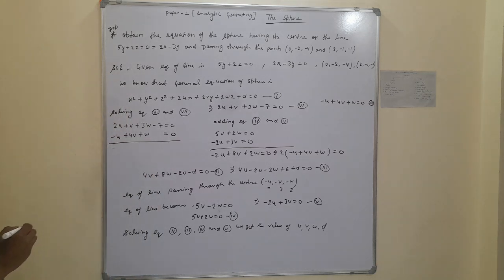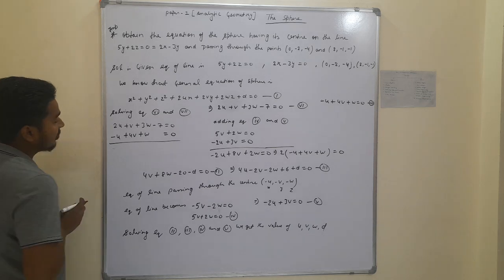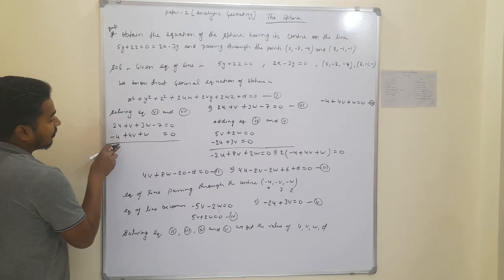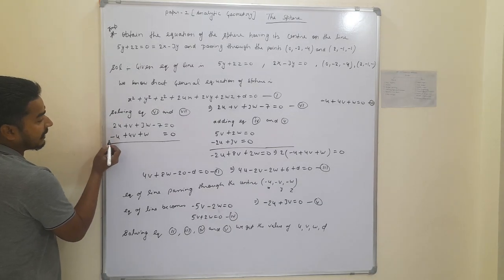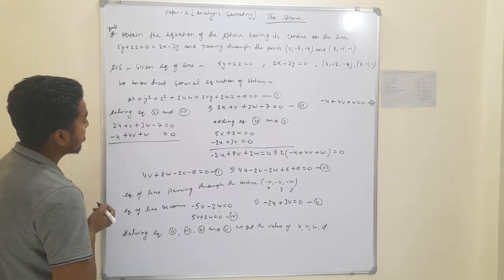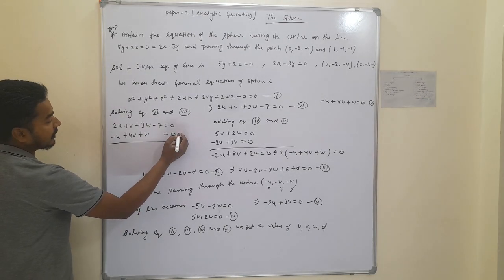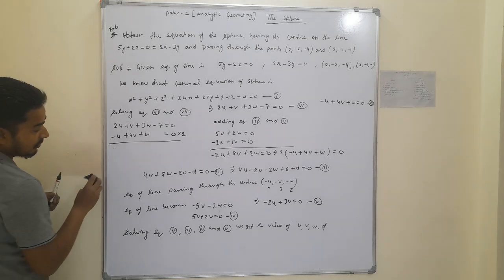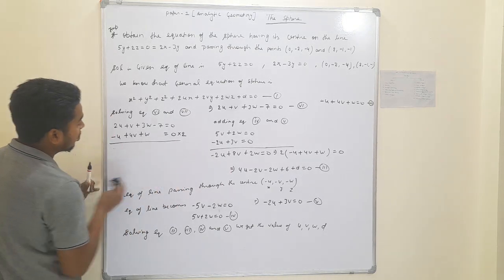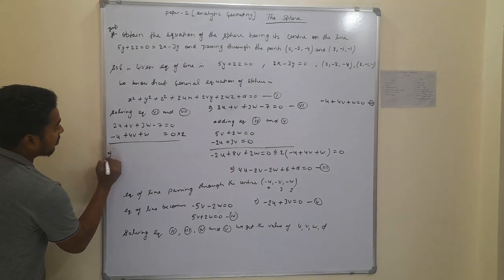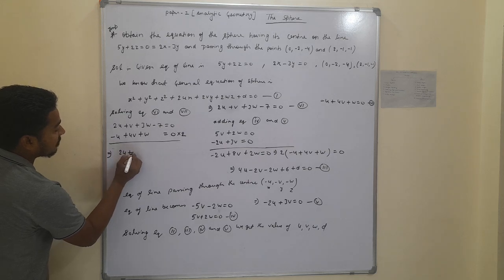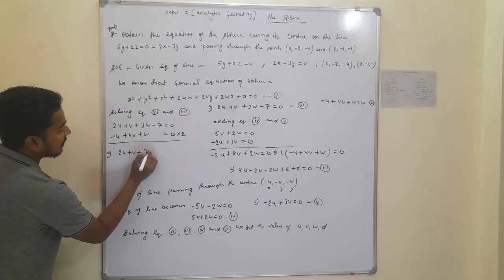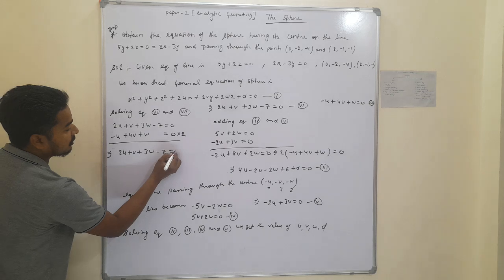And from here we have to multiply this equation with 2 and modify the equation. Once again, modifying the equation, we get 2u plus v plus 3w minus 7 is equal to 0.